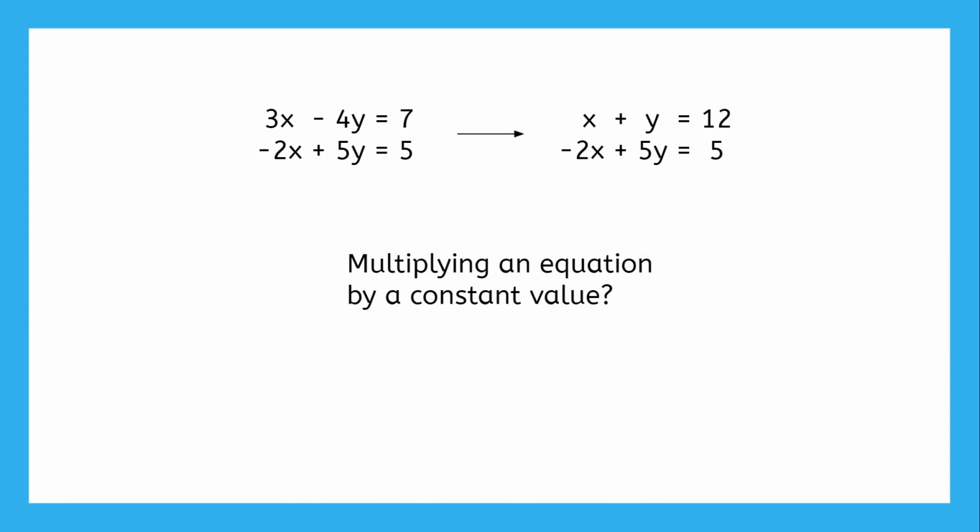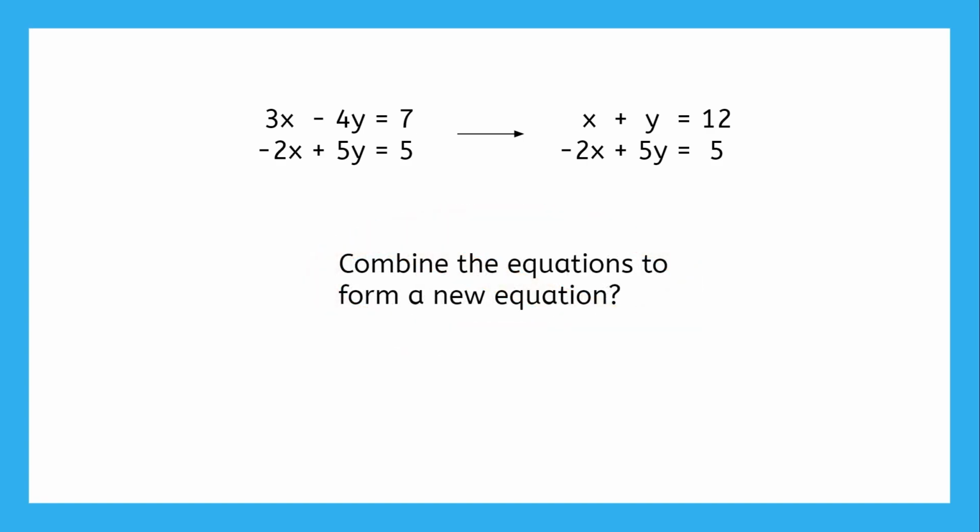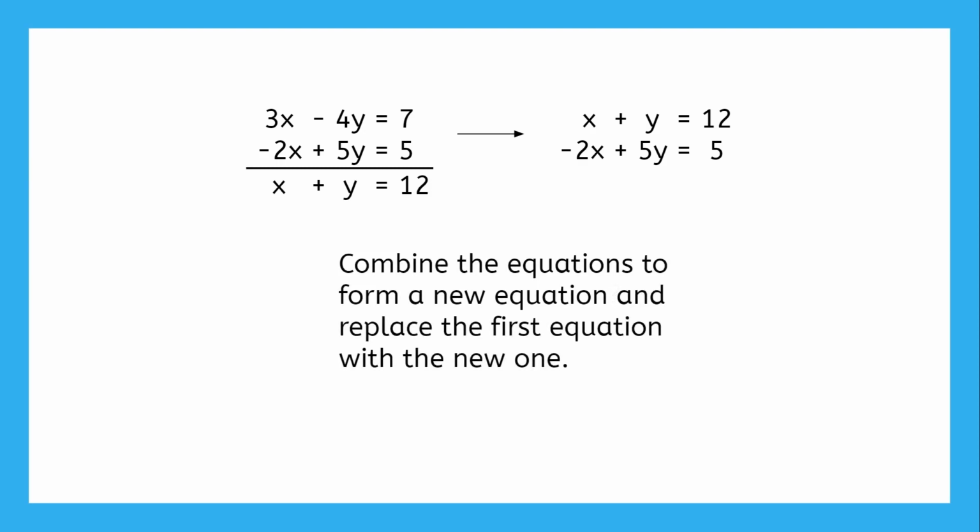We could multiply by 1/3 to change the 3 to a 1, but that would also change the 4 to a 1 or the 7 to a 12. So there's only one option left. What happens if we combine the original equations together? Well, we get the equation that replaced the first one of the equivalent system. So that's what happened. We combined the original two equations and then replaced the first equation with a new one.